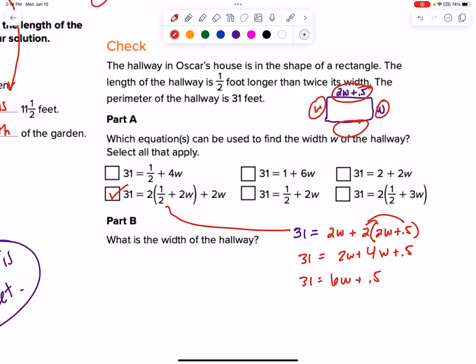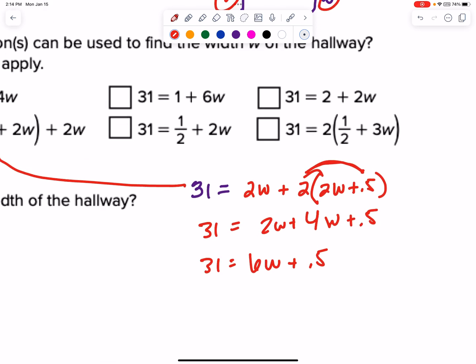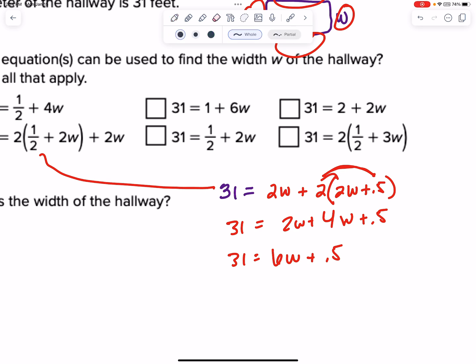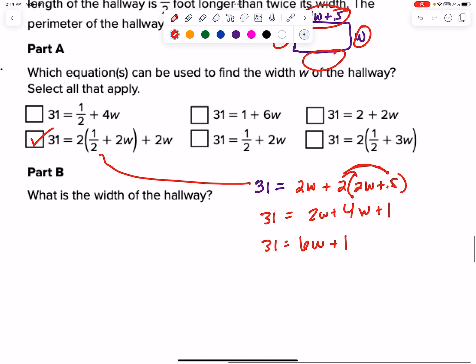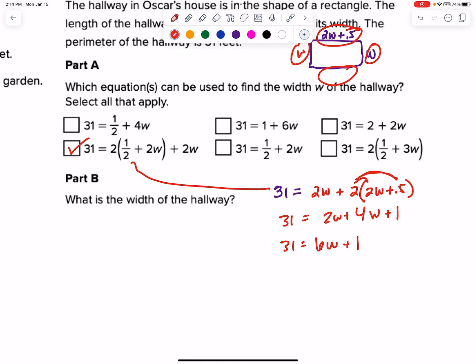Oh, you know what? I forgot, when I distributed this here, 2 times 0.5 is 1 whole. So you've got to be careful. So do we have any other ones? The 6W plus 1.